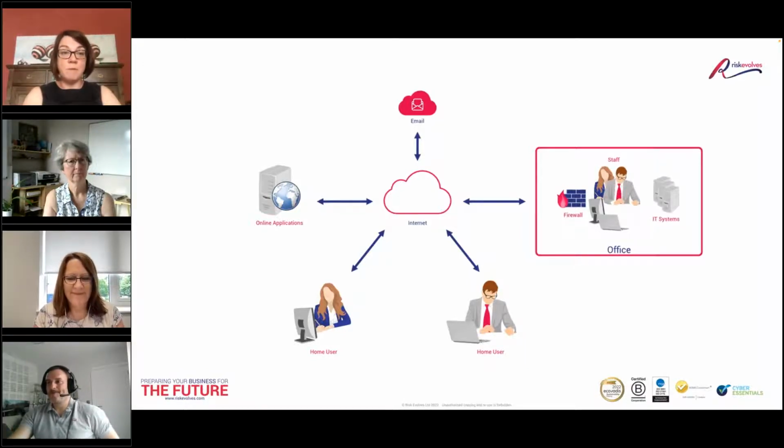So when someone's working from home, they can connect onto your VPN and then access your office network as if they were in it. So that's how you can allow people to access securely all of the business systems that still live within your office environment.